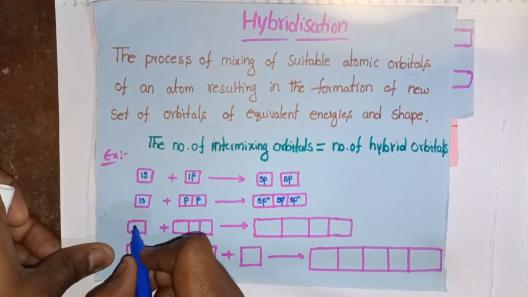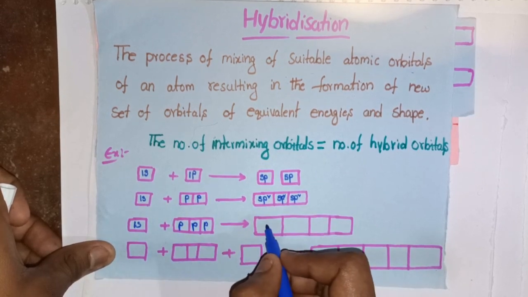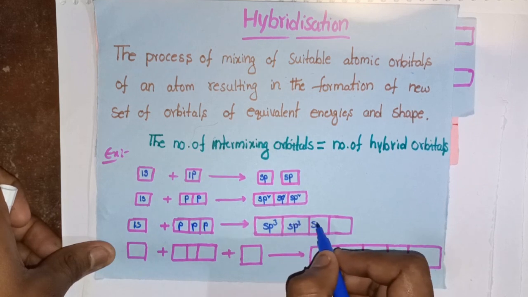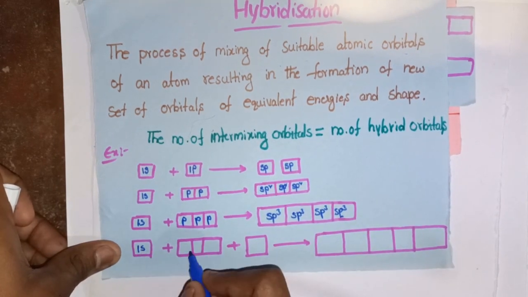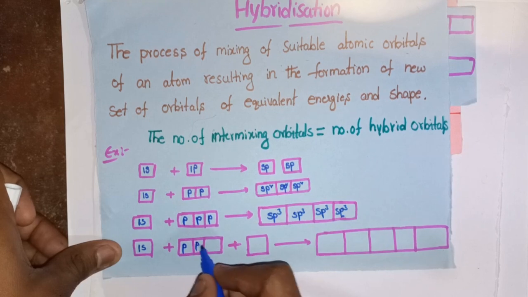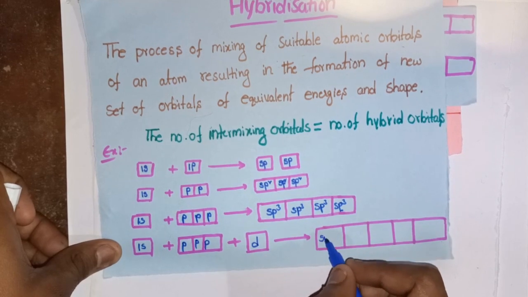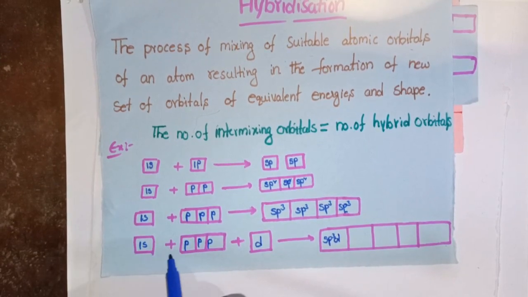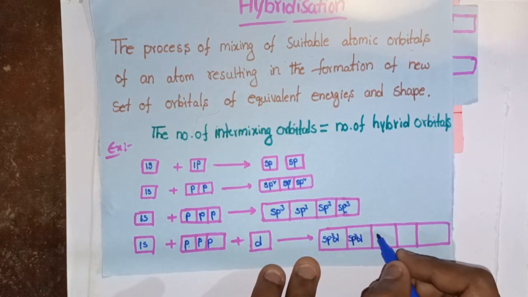Likewise, one s orbital combines with three p orbitals to form four sp3 hybrid orbitals. One s orbital combines with three p orbitals and one d orbital to form sp3d orbitals. We can count how many intermixing orbitals here: 1, 2, 3, 4, 5. So 5 sp3d hybrid orbitals are formed.